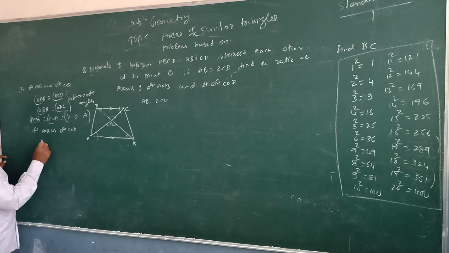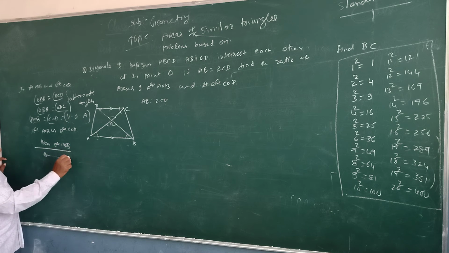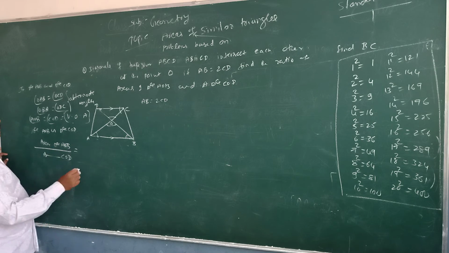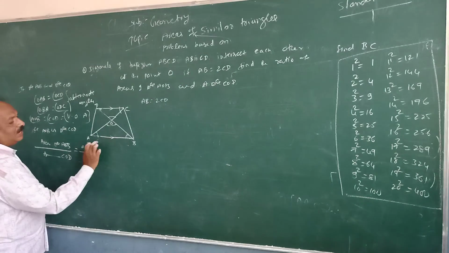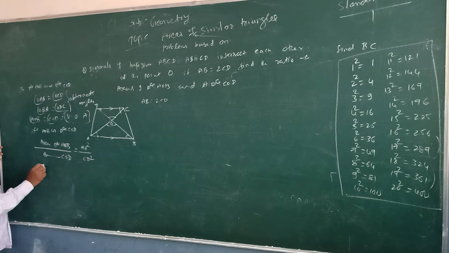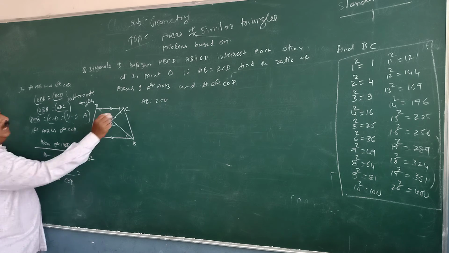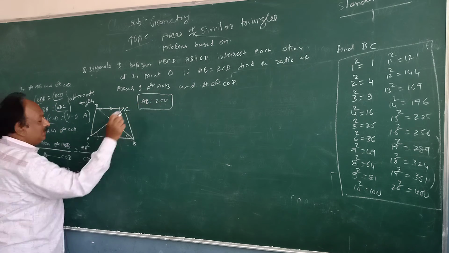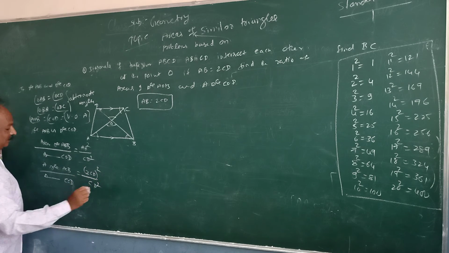Therefore, apply the theorem. Area of triangle AOB divided by area of triangle COD is equal to the square of the corresponding sides, AB square by CD square. They have given AB is equal to 2CD. 2CD whole square by CD square.